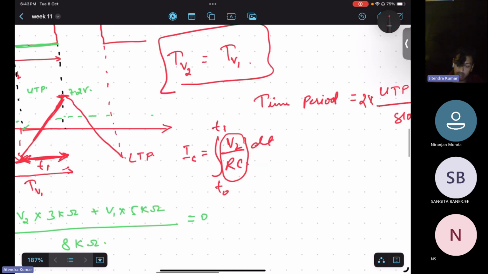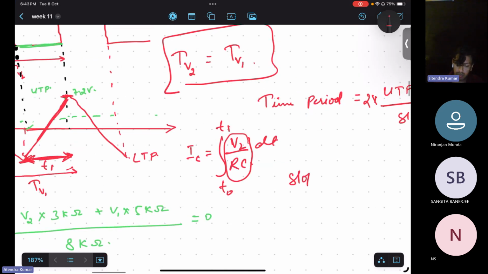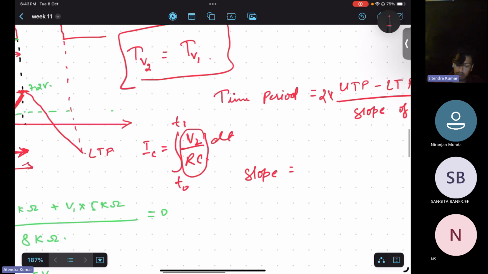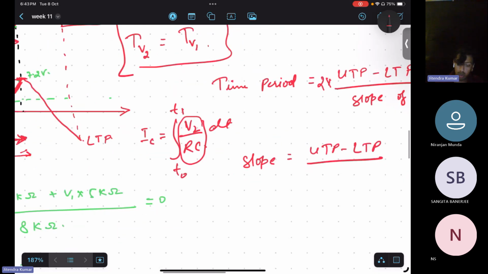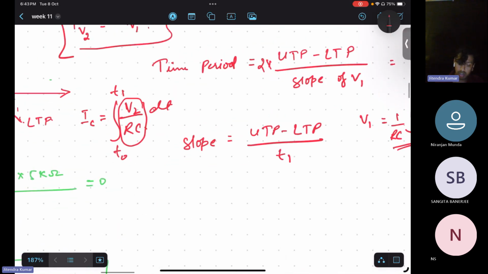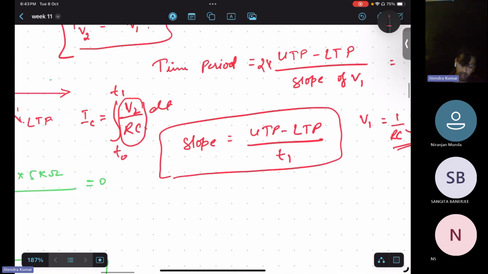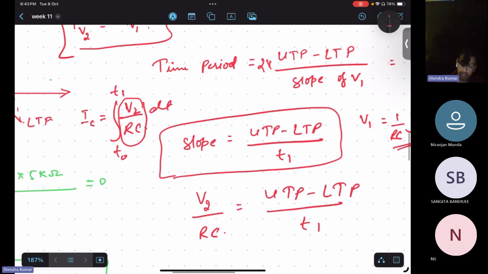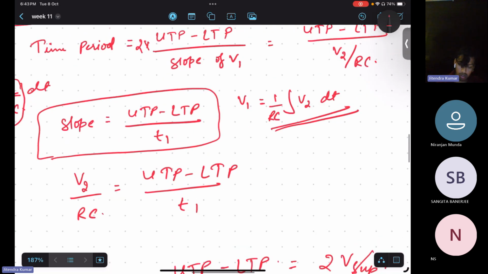From the expression of tan theta, slope is equal to perpendicular, which is UTP minus LTP, divided by T1. Now we know the value of slope V2 by RC is equal to UTP minus LTP divided by T1. I hope you are following.